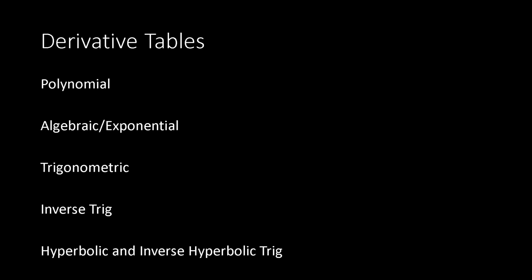First, we have polynomial derivatives. This is stuff like x, c, where c is just a constant, so this could be 1, 2, 3, pi, e, whatever, and x to the n, which is x to just any power.